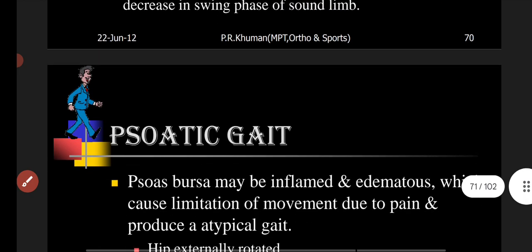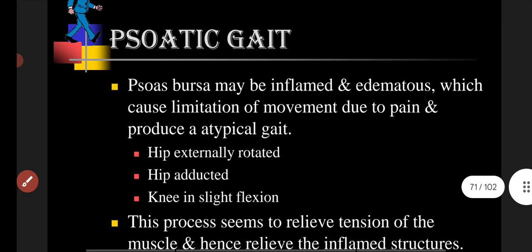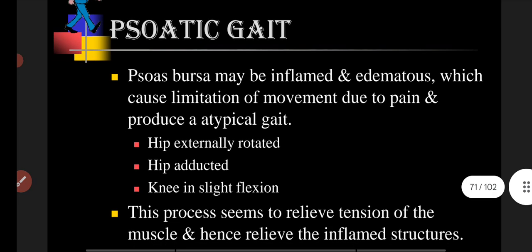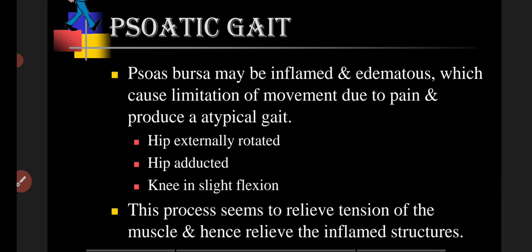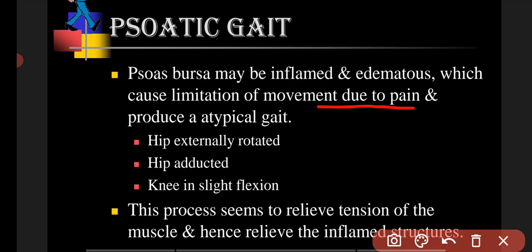Okay. Next one is the psoas gait. The psoas bursa may be inflamed or edematous, psoas major and psoas minor. In this, the psoas bursa may be inflamed and edematous, which may cause limitation of movement due to pain and produce an atypical gait.